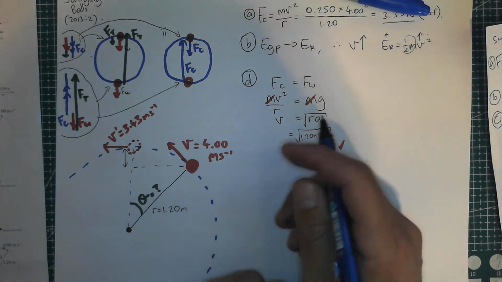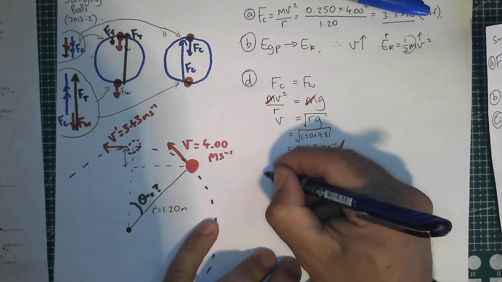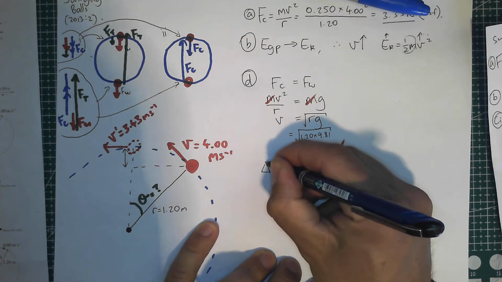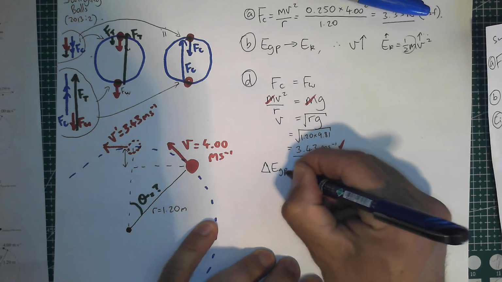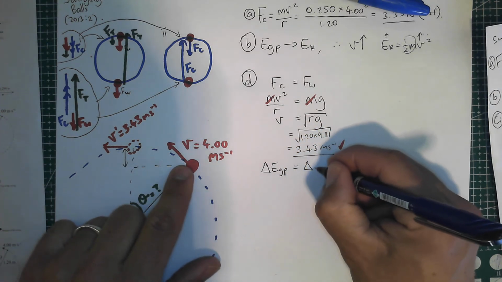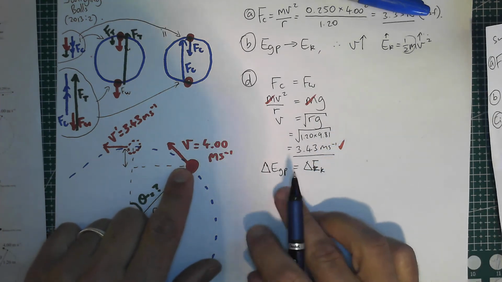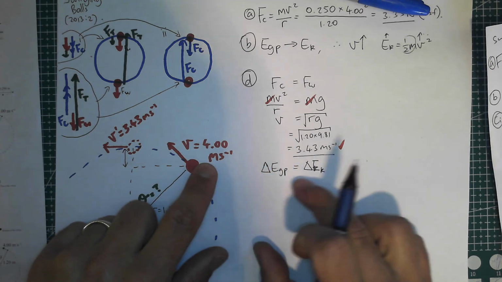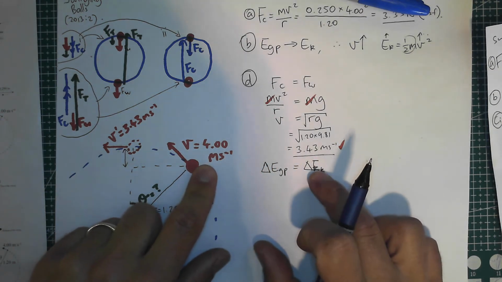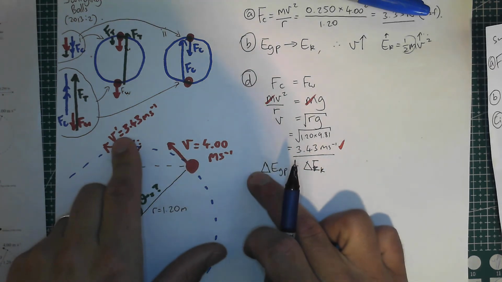So what does that mean? Well, it means the change in gravitational potential energy of the bob going from here to here must be equal to the change in kinetic energy, because the kinetic energy that is lost has been converted into gravitational potential energy, and that change must be equal.